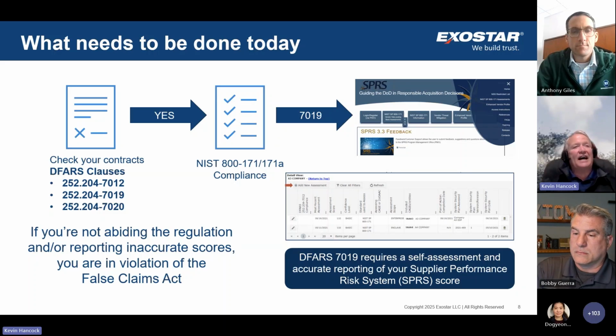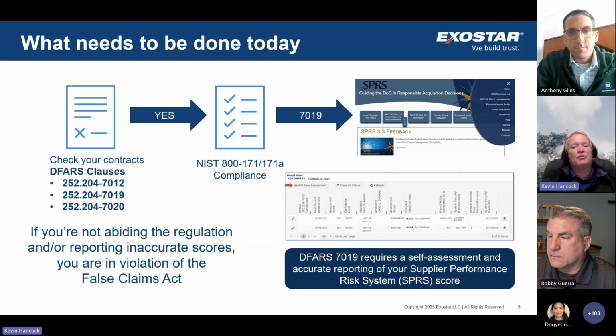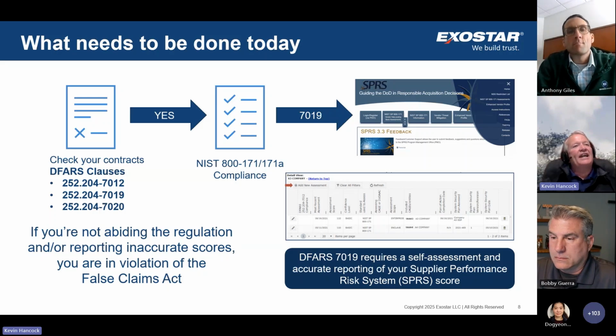That's the assessment guide for NIST 800-171. It tells you the scoring algorithm that you use when you go ahead and score yourself. When you do that, you'll have a score that ranges somewhere between a -203 and a +110. When you do that assessment, you've got to go into the Supplier Performance Risk System and enter your score there.